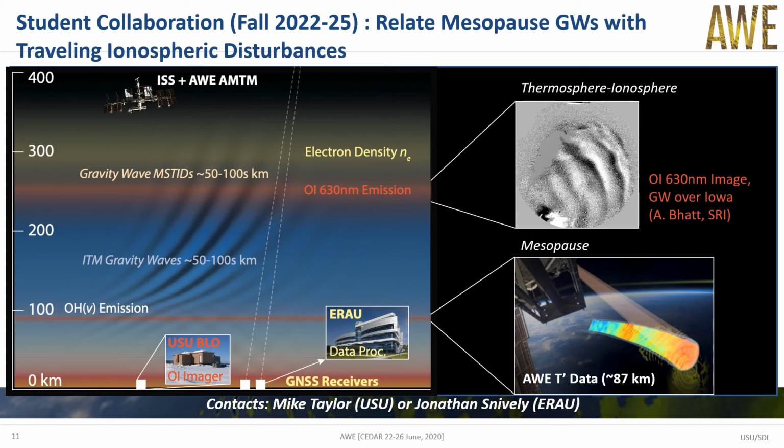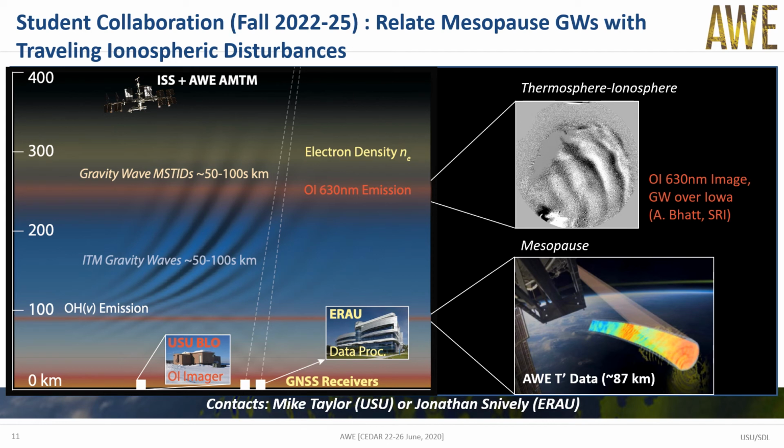This is illustrated in the diagram, which shows a simulation of a gravity wave spectrum extending through the ITM from the OH layer to over 300 kilometers in the ionosphere, where it is detected as a medium-scale traveling ionospheric disturbance, or MSTID. At USU Bear Lake Observatory, students will operate an all-sky OH imager measuring gravity wave events in the mesopause.